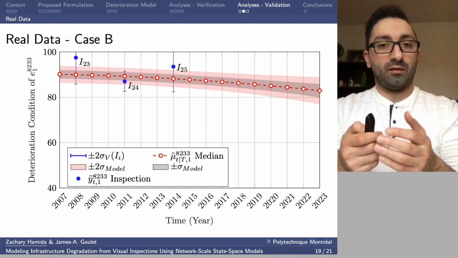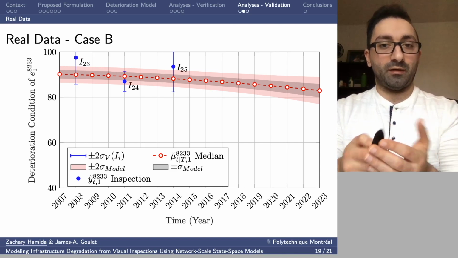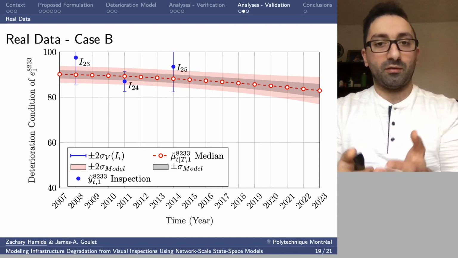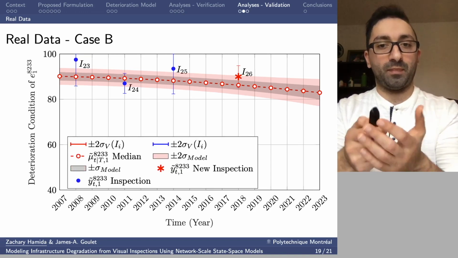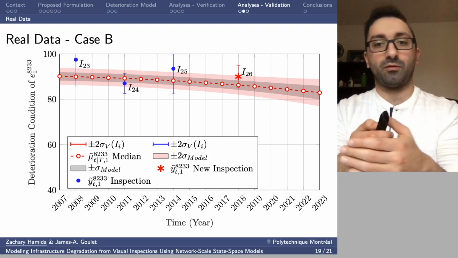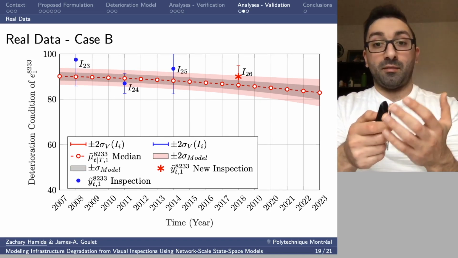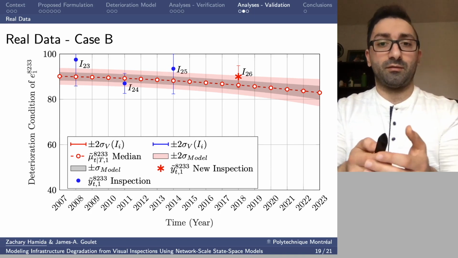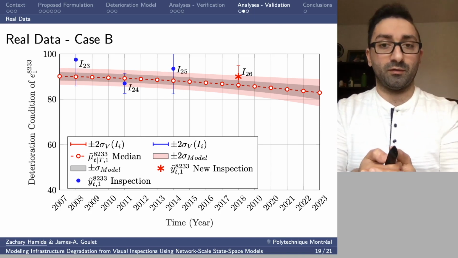And again we consider the same thing, that we hid one of the observations and now we add it on the plot. And as you can see, this observation that was never used in training the parameters or in updating the model prediction is within the confidence interval of the model.